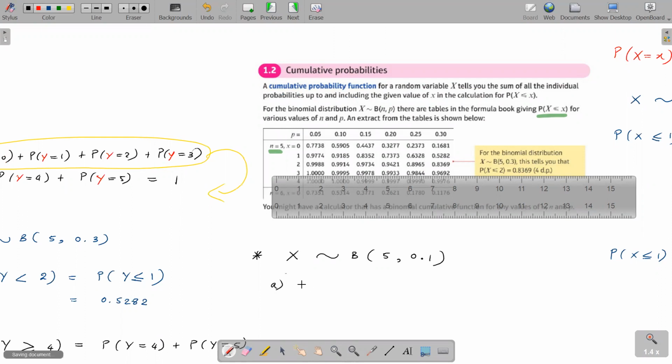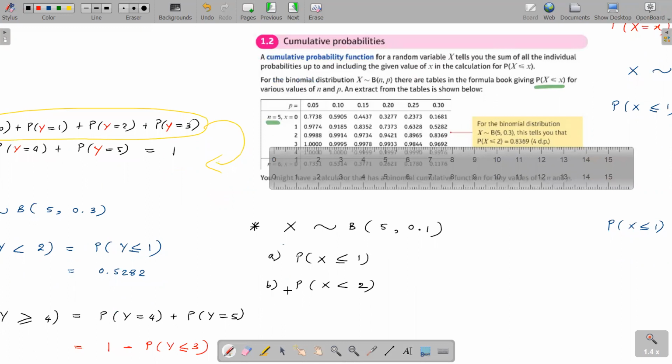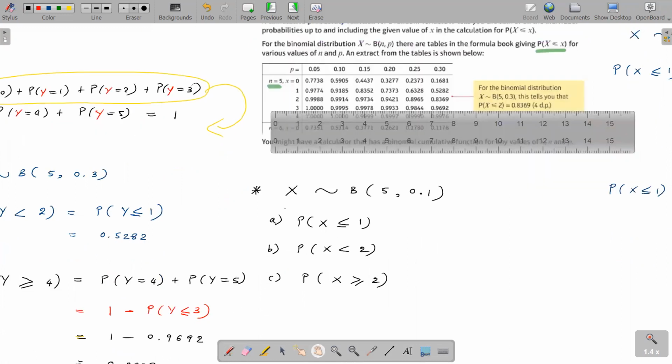Part A, get me the probability x is less than or equal to 1. Part B, get me the probability x is less than 2. Part C, I want you to get me the probability x is greater than or equal to 2.